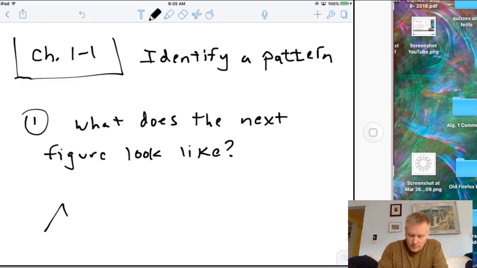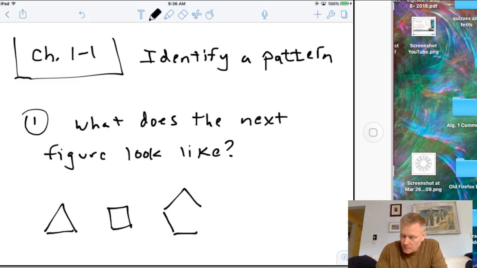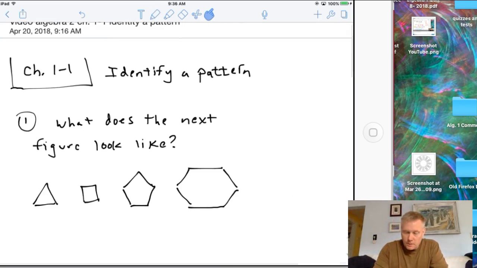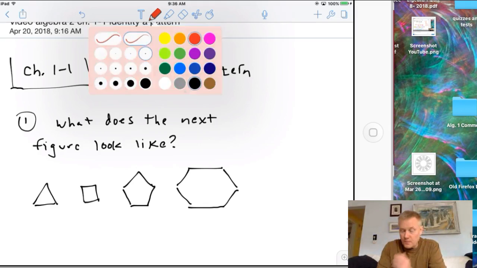All right, so I start out like this, and moving my way up here. Okay, so if you're looking at this, what is the next pattern? What's the pattern? What's the next number going to look like?